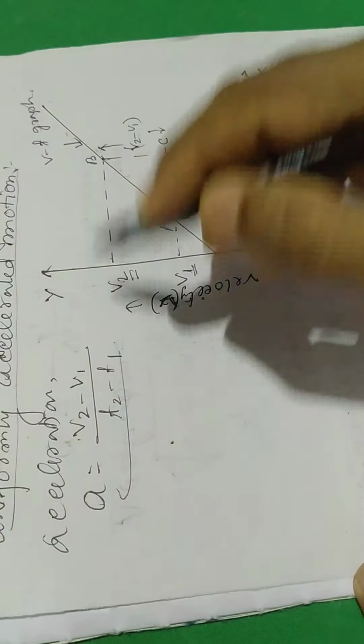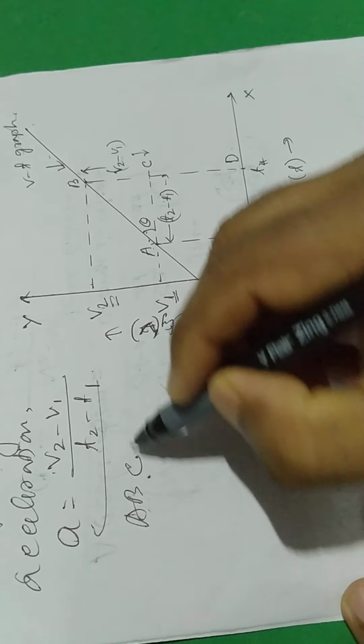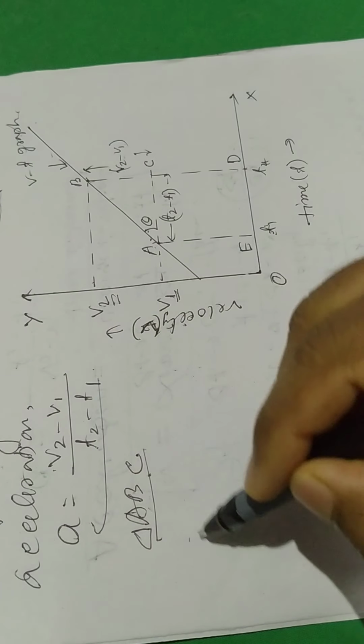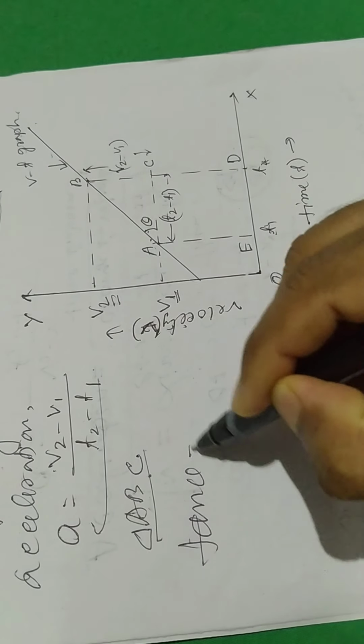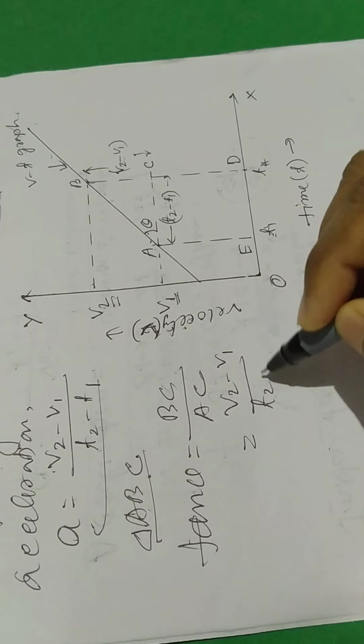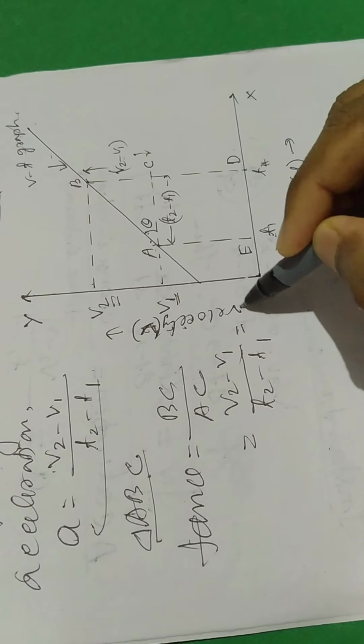Now you see the slope of the v-t graph. ABC is a right angle triangle. Then tan theta equals BC by AC. BC is (v2 minus v1) divided by (t2 minus t1), which is equal to a.